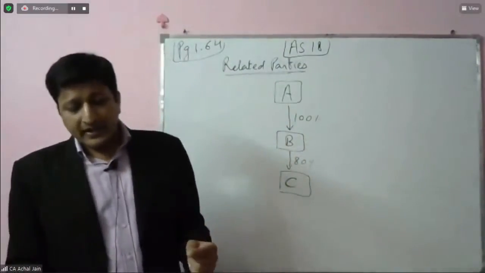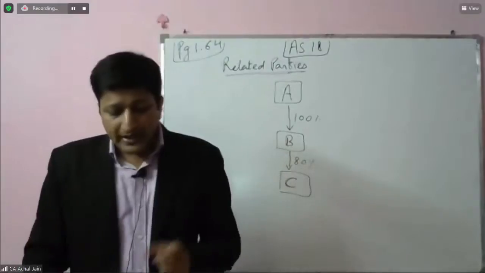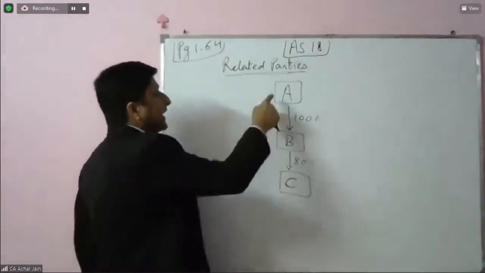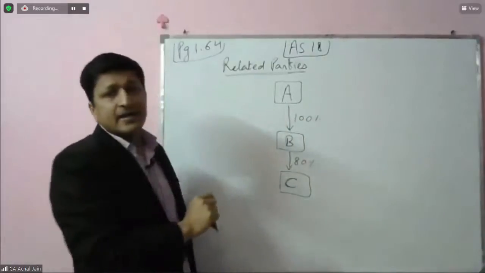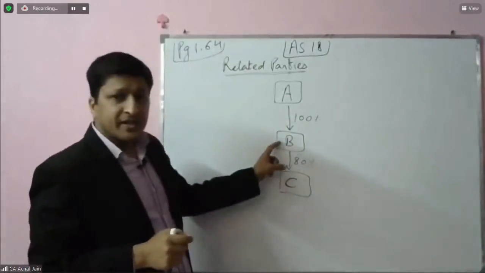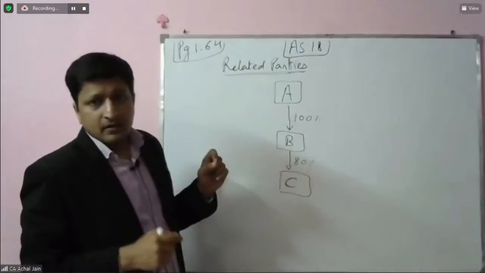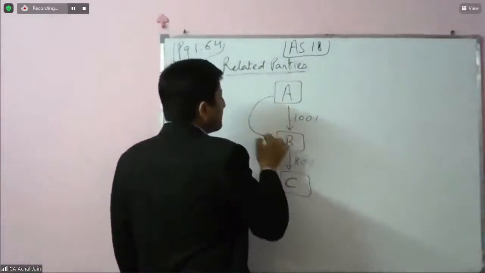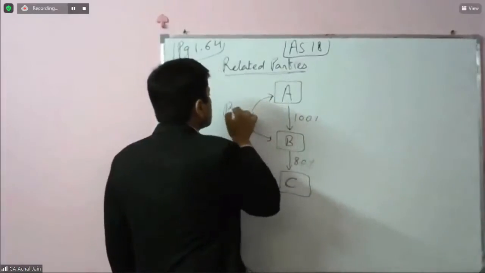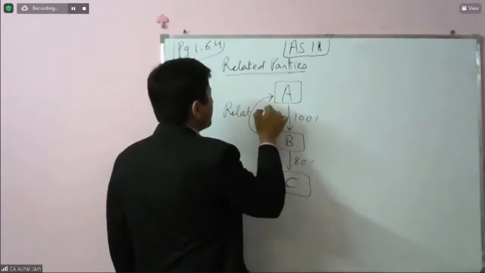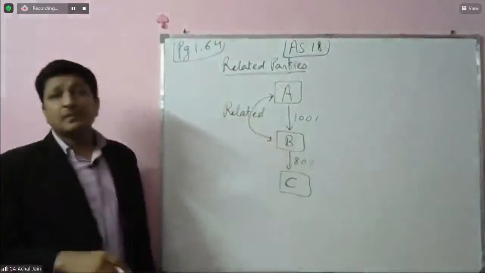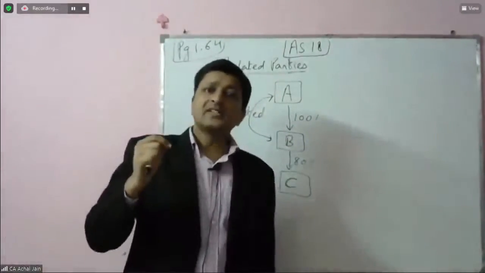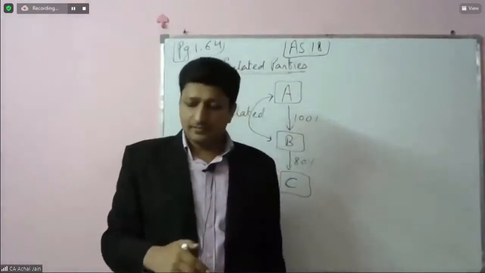Enterprises which directly through one or more intermediaries control. Now in this case, A and B are holding and subsidiary. B is a subsidiary, A is the holding. Correct? Therefore, A and B will become related parties. It's a direct control. A has got direct control over B.